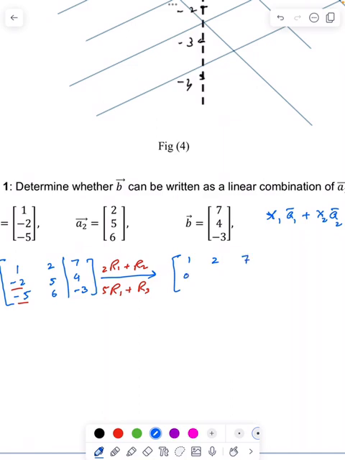Second row, this becomes 0, so 2 times 2 is 4, 4 plus 5 is 9, 2 times 7 is 14, 14 plus 4 is 18. Next row, we are multiplying by 5, so 10 plus 6 is 16, and 5 times 7 is 35, 35 minus 3 is 32.